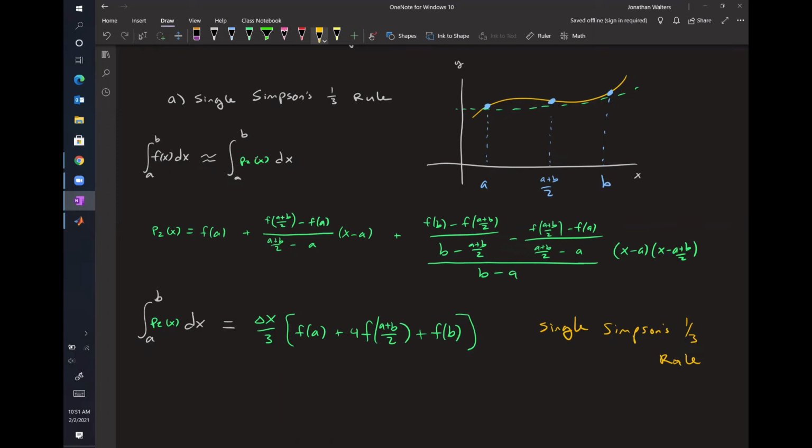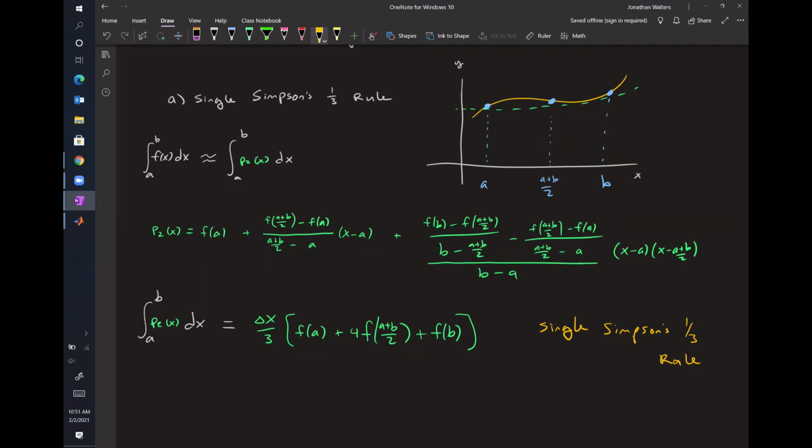The 1/3 obviously comes from the fact that there's delta x over 3 out front. Simpson's, where does that come from? Probably somebody's name. Typically where that comes from. Had to be the Simpsons.